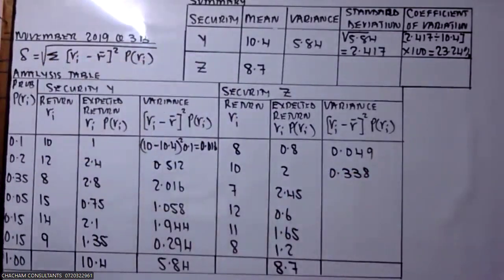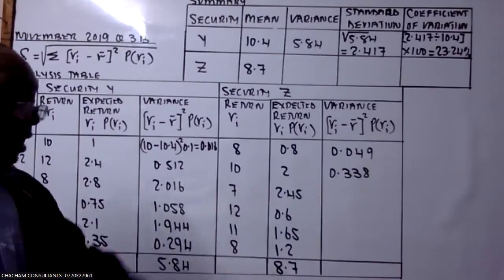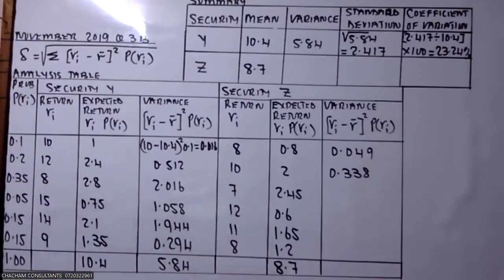Next is 7 minus 8.7. You square, you multiply by 0.35.